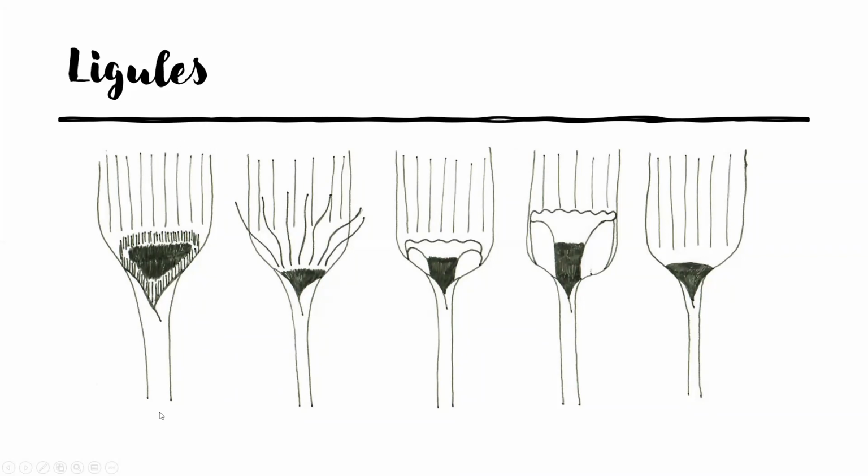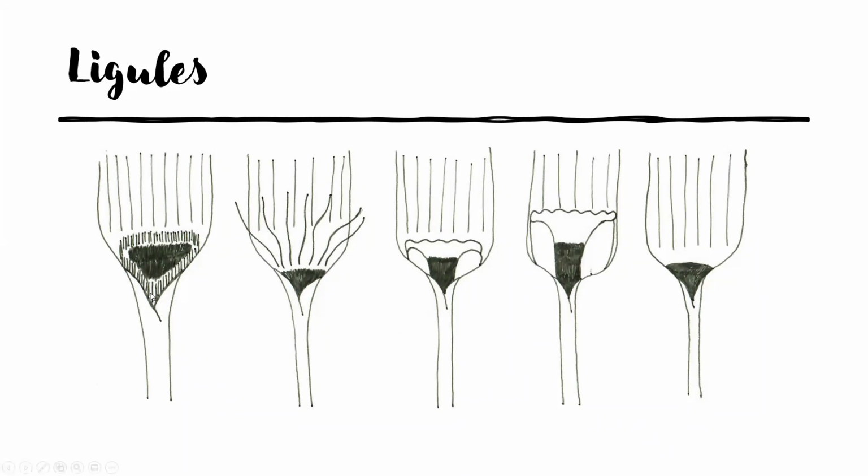But for the purpose of the drawing, we removed the stem. And it'll become a little more clear when we look at actual pictures where the ligule is located. But ligules are a structure that can vary in type and color, and are also a really great clue to use when identifying a grass.